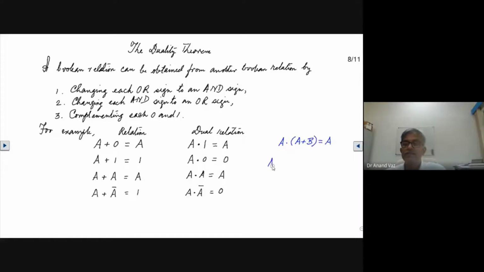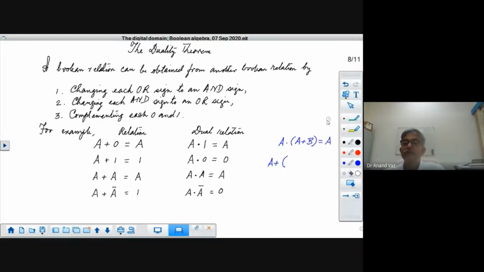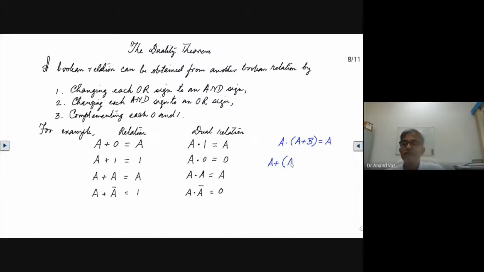Change all the AND signs to OR signs, and the OR sign gets replaced with AND. So this is A or (A and B), and this is equal to A. You can try this for all the relations that we have done, even the ones which you have done in the assignments, and check it for yourself and verify. So this is about this interesting duality theorem.